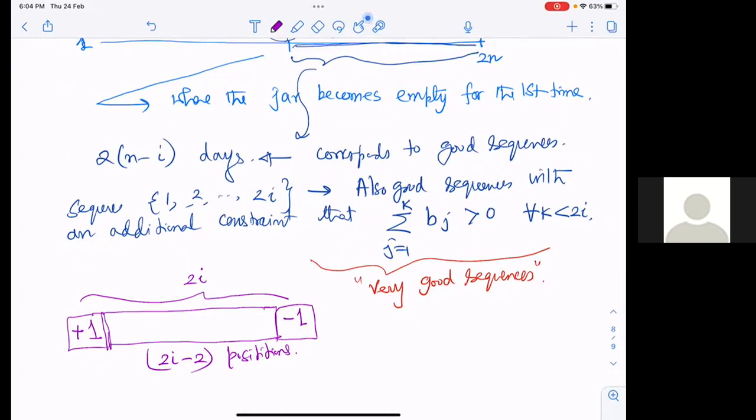Not necessarily, because you have taken out +1, right? That's not in the sum anymore. So it may be 0 also. So this corresponds to good sequences. Only this part.